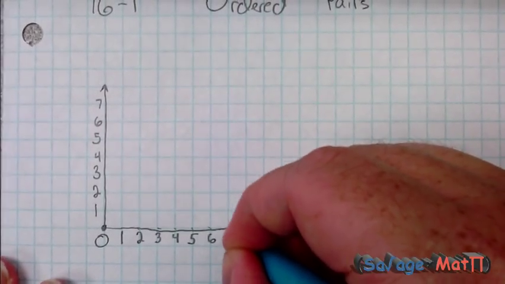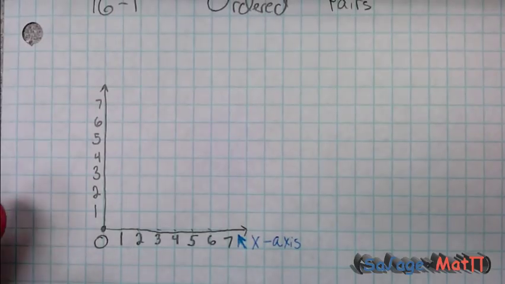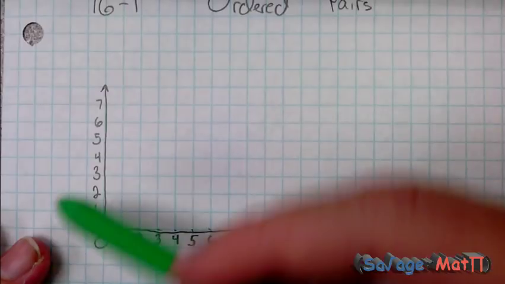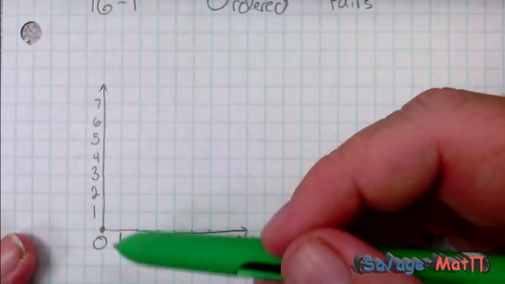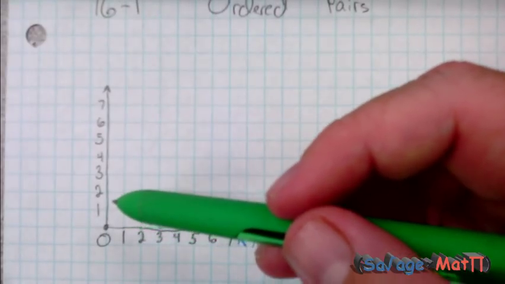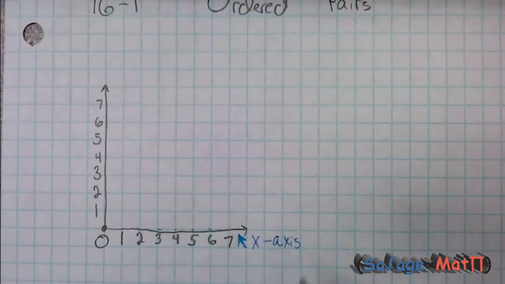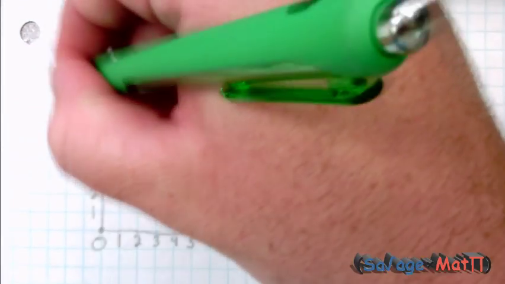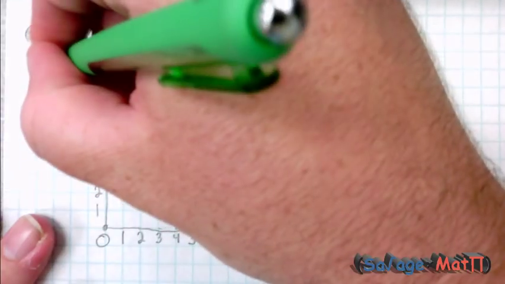Do a little arrow, color it in some. Then the one going up and down. What is another word for up and down? Vertical. This right here is going to be my y-axis.